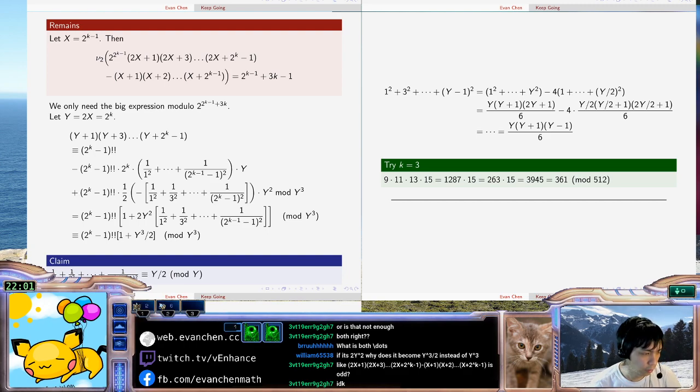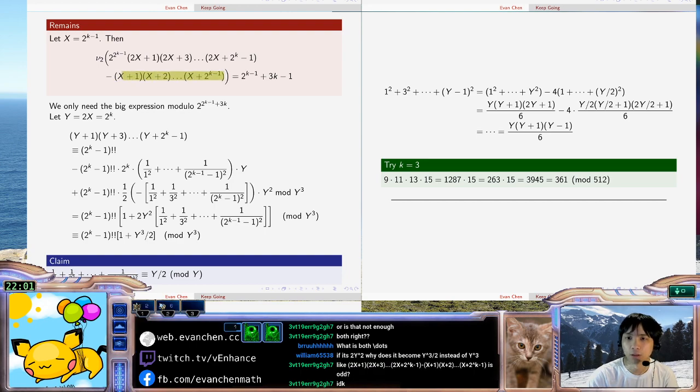Two x plus 1 is odd. I don't think that's enough unless I'm missing something. Anyways, okay, so we now know this thing exactly mod 2 to the k minus 1 plus 3k. So all that remains is to compute this.